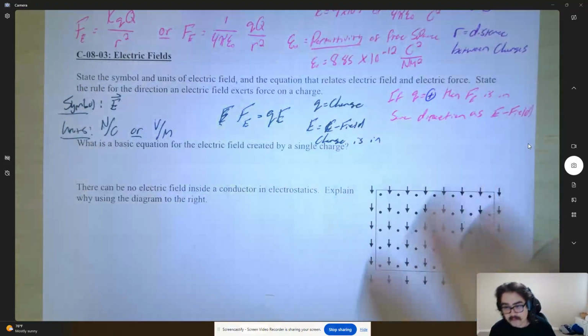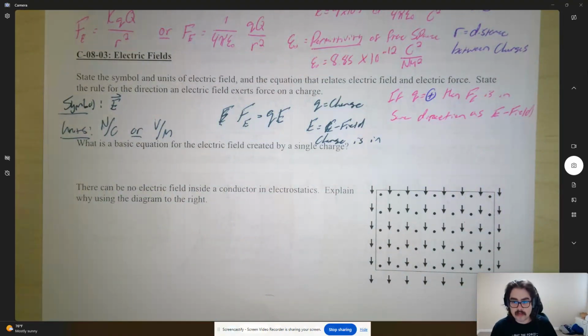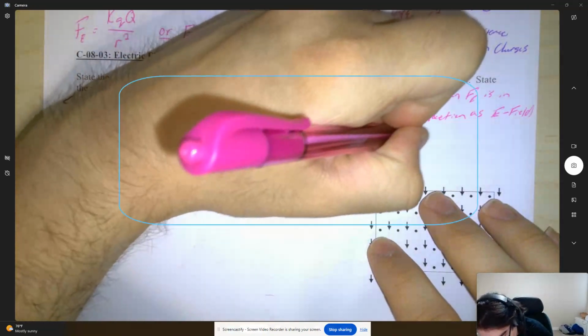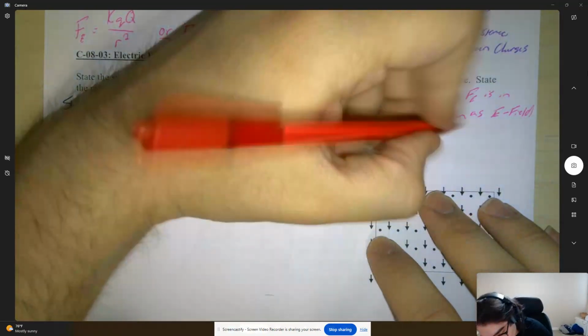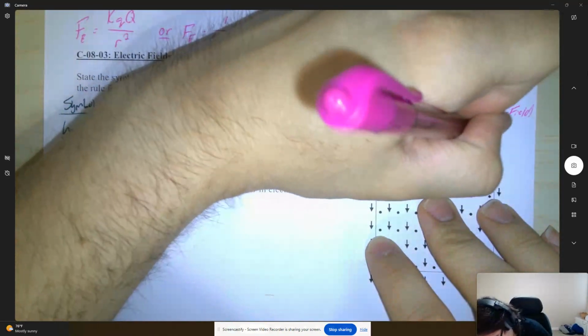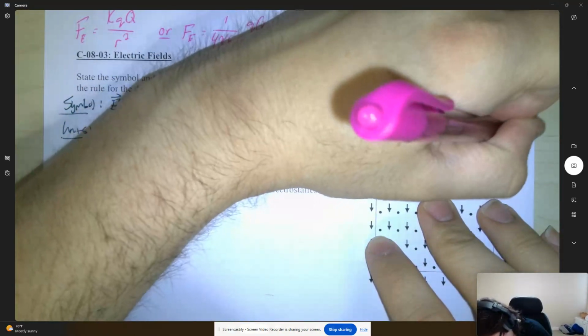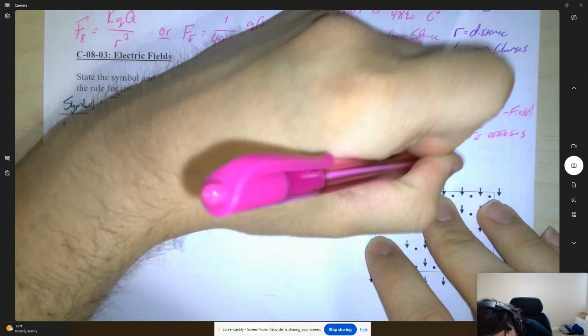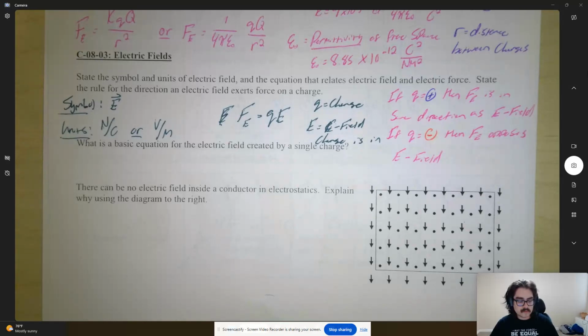So if the charge is positive, the electric force points in the same direction as the E field. If Q is negative, then F sub E opposes the E field. So just keep in mind, negative charges oppose the E field, positive charges go with the E field.